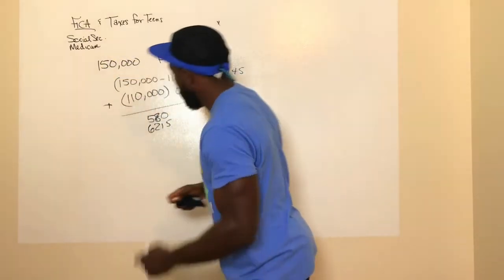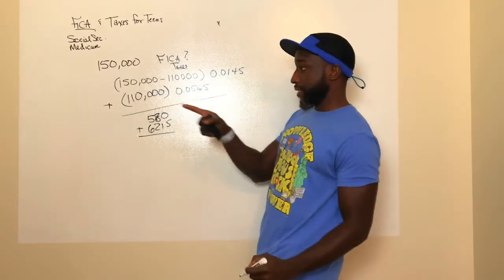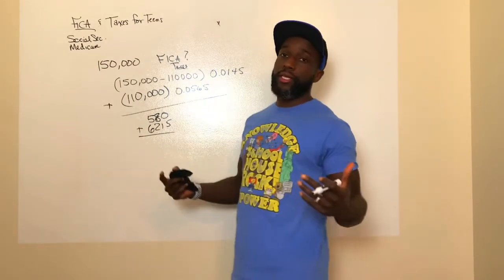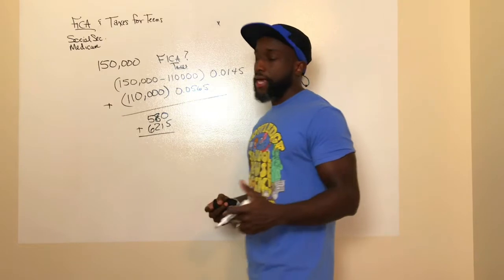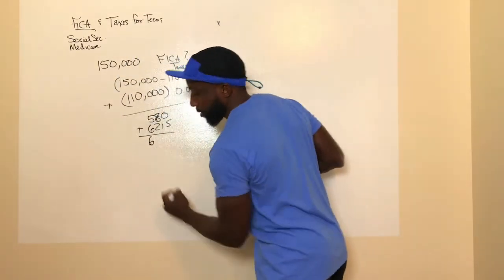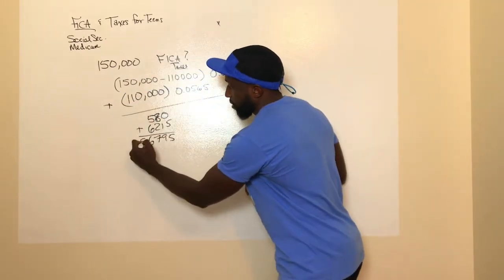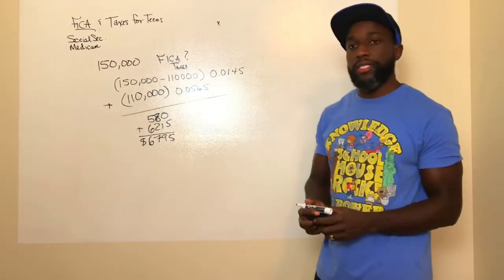You add these two together, and you're going to get your FICA taxes, which is $6,795. That's in a nutshell.